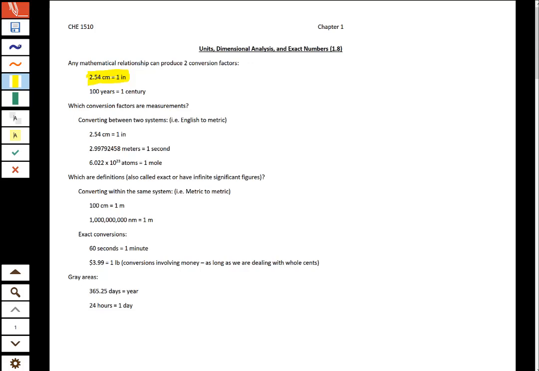When we start talking about conversion factors, we can take that equivalency of 2.54 centimeters in an inch, and we can write it two different ways. One way to write that would be to write 2.54 centimeters on the top and the 1 inch on the bottom, where this line that I've drawn between them is the same as an equal sign.